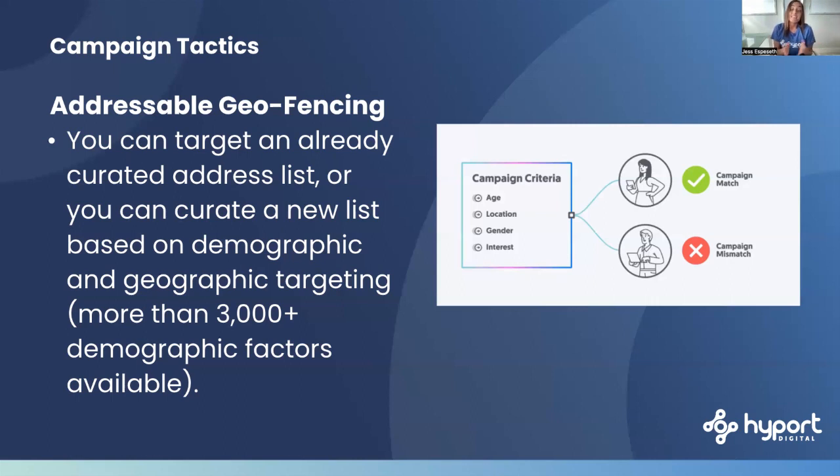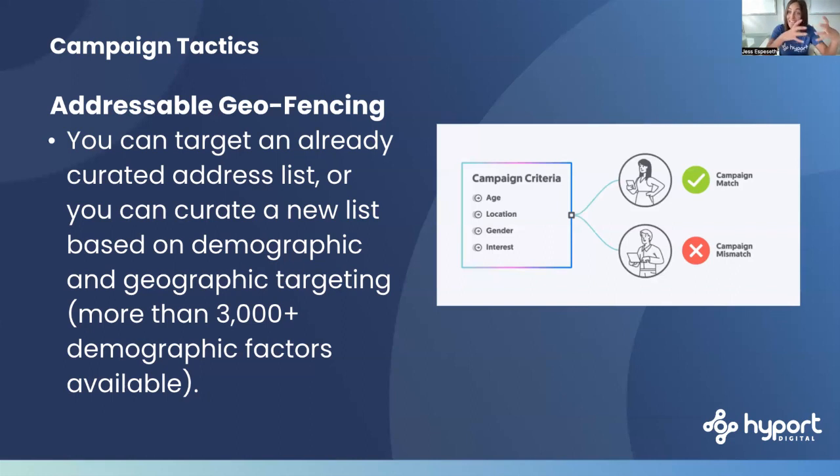Now, on the flip side, let's say that you don't have an address list, but you know exactly who you're trying to get in front of. I'm going to use that veterinarian example again. If you're a veterinarian, you want to curate an addressable campaign and you want to reach your target audience, which is males and females ages 24 to 65 who own pets and have a household income of 150K plus.